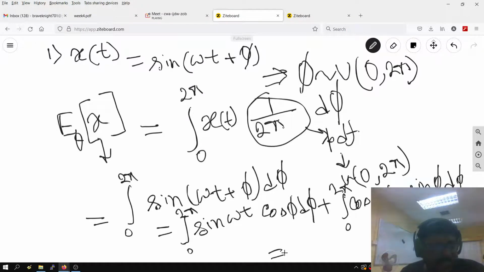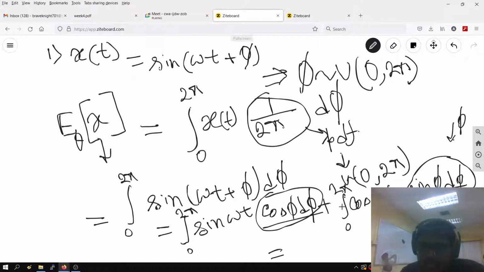And this is equal to, see, this is the only term dependent on phi, and this is also the term dependent on phi, and the limit is from 0 to 2 pi, and we know sin phi and cos phi are periodic with the interval 0 to 2 pi.